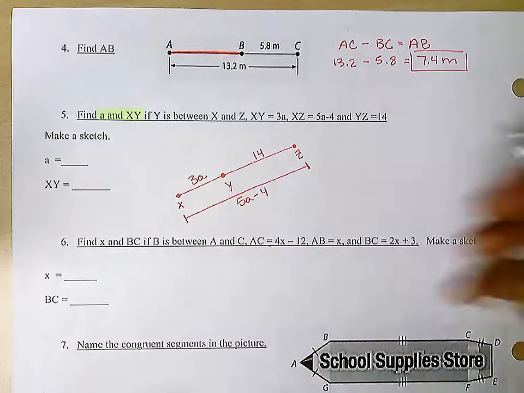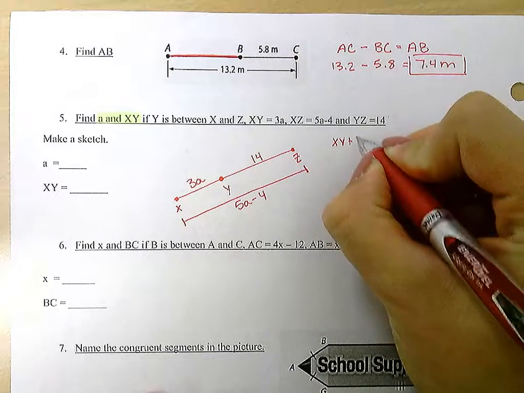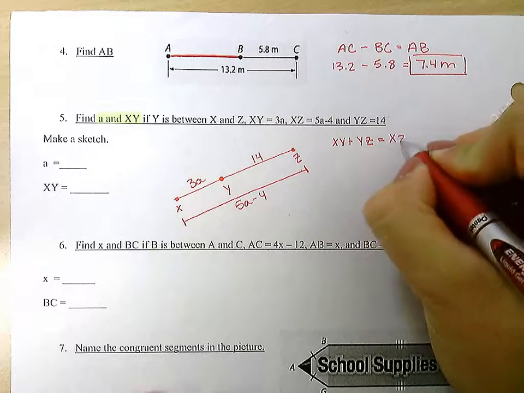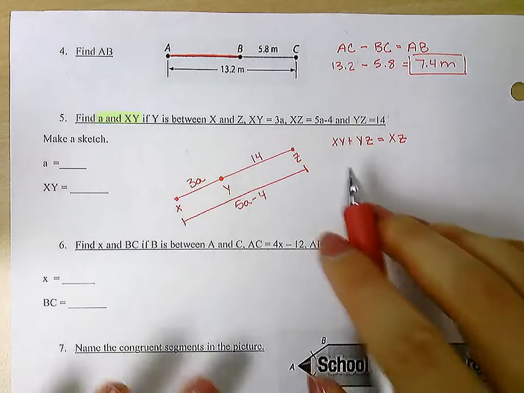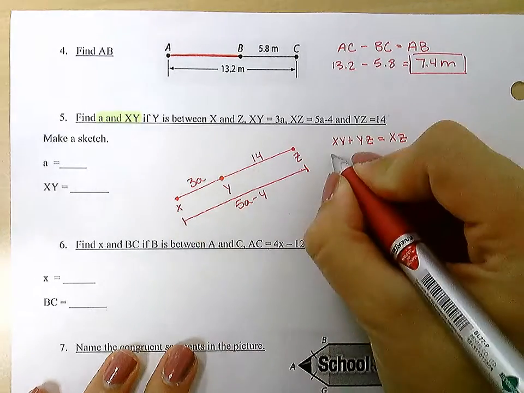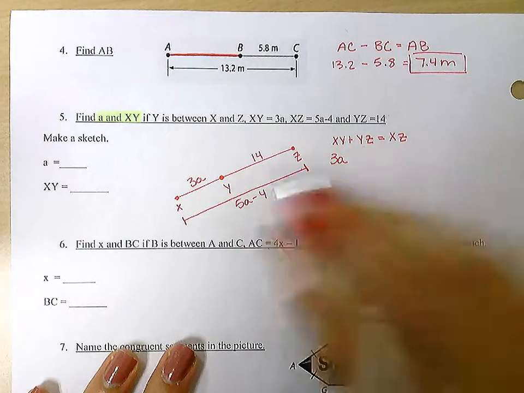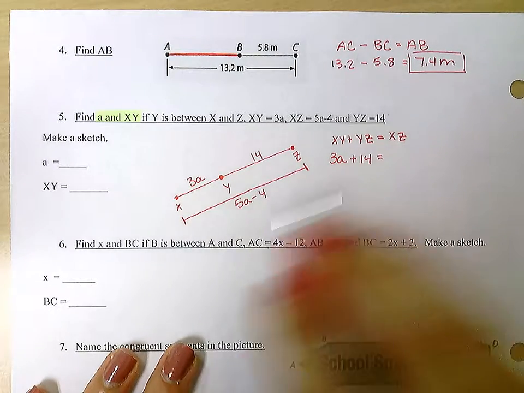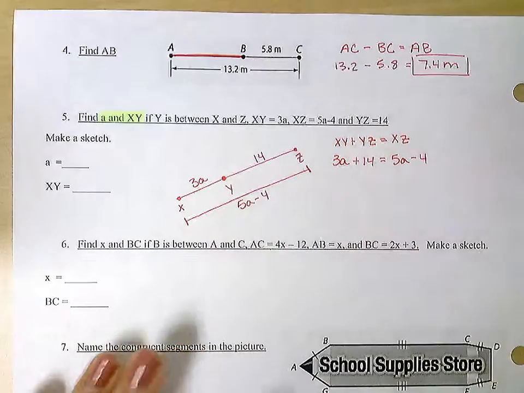So I'll add together XY plus YZ to get XZ. And I can just plug in what I know about each of those pieces then. I know XY is 3A. I know YZ is 14. And I know XZ is 5A minus 4.